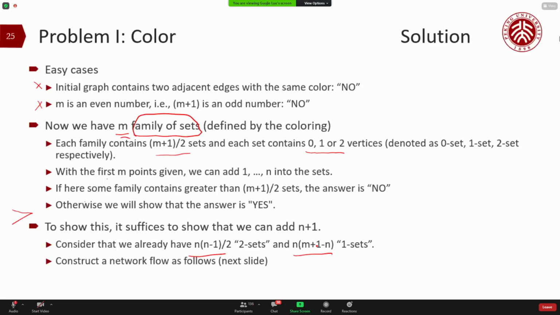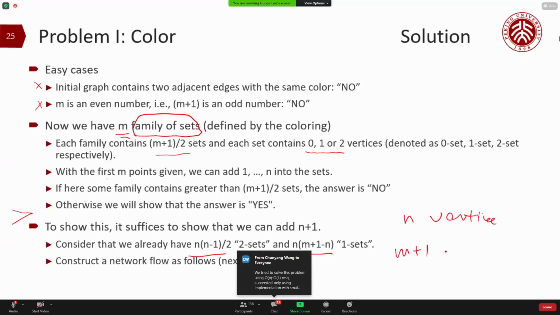So at the beginning we have n vertices, and we need to add up to n-1.